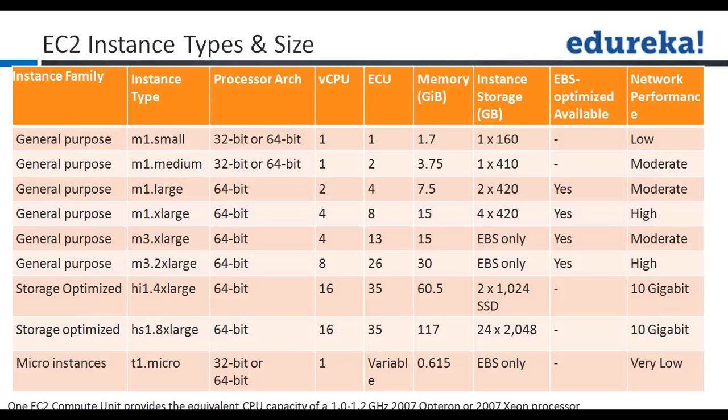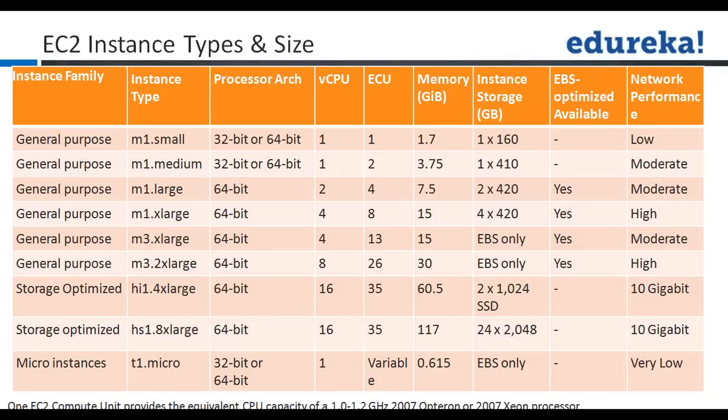Now Shashi has a question, can I explain the ECU again? I'm not sure if you are able to read the last line. The last line says, one EC2 compute unit provides the equivalent CPU capacity of a 1 to 1.2 gigahertz 2007 Opteron or 2007 Xeon processor. That means one ECU is nothing but your CPU, but that CPU is equivalent to, Amazon has benchmarked against a certain kind of CPU in the industry.